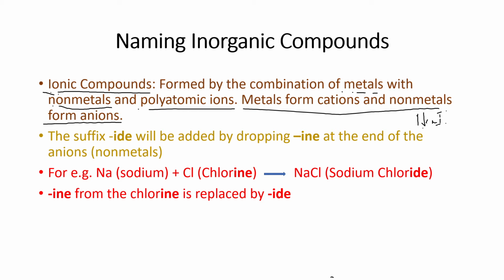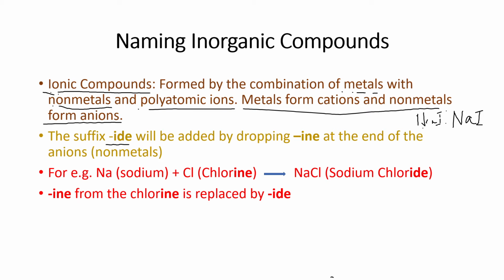So it is sodium iodide, NaI. The suffix -ide is added by dropping -ine at the end of the anion names. For example, for iodine, the -ine is replaced by -ide.